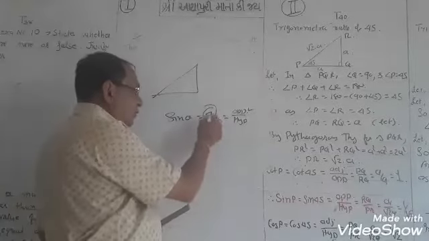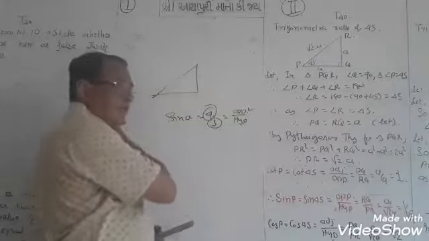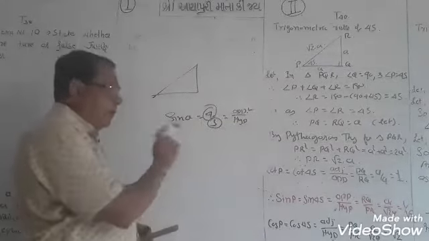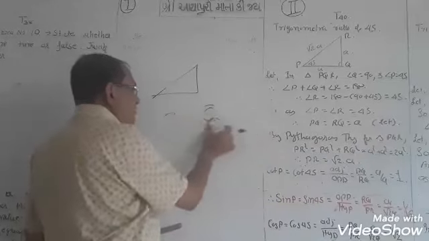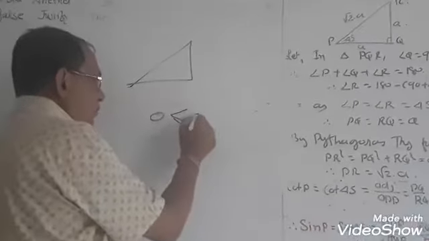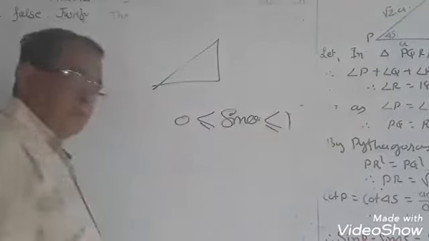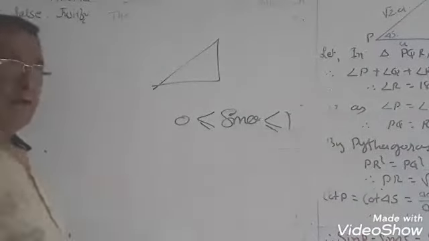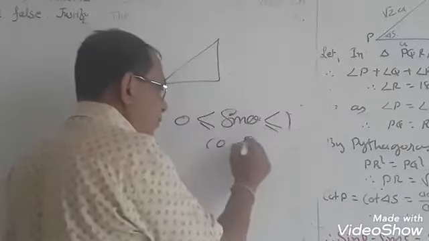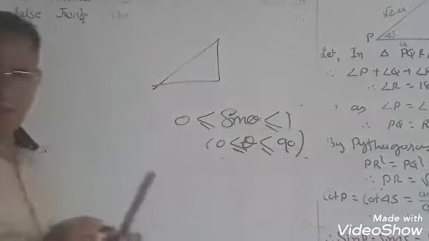So 4 upon 3 is wrong. Sin theta always lies between 0 and 1, including 0 and 1, for theta from 0 to 90.